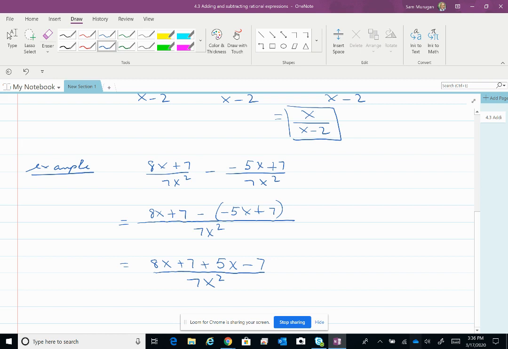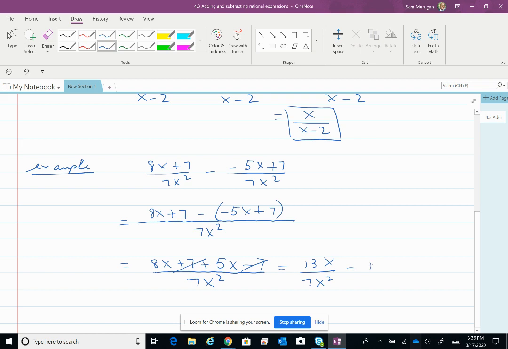So the 7's again cancel out. We've got 8x plus 5x, which is 13x over 7x squared.